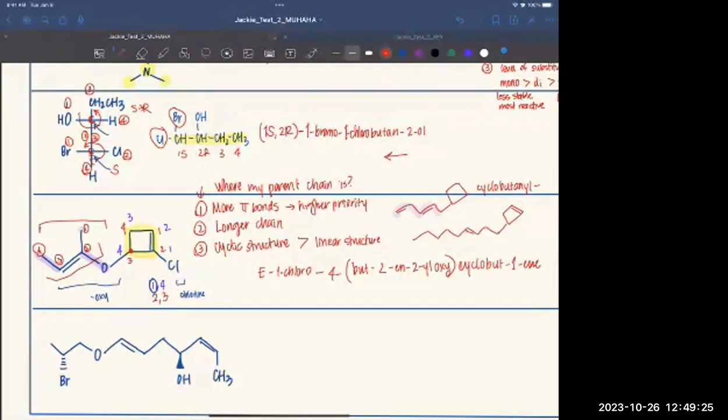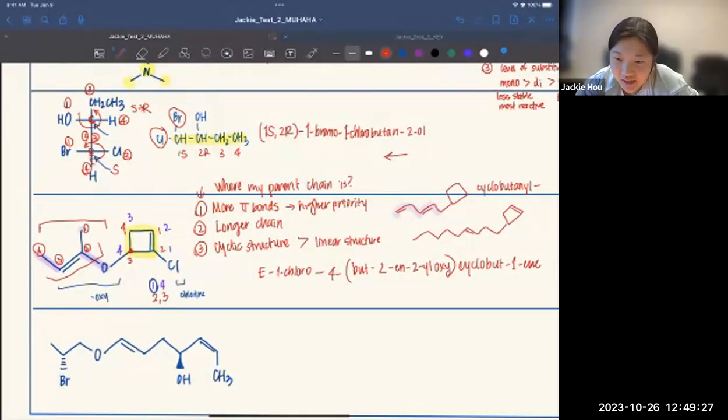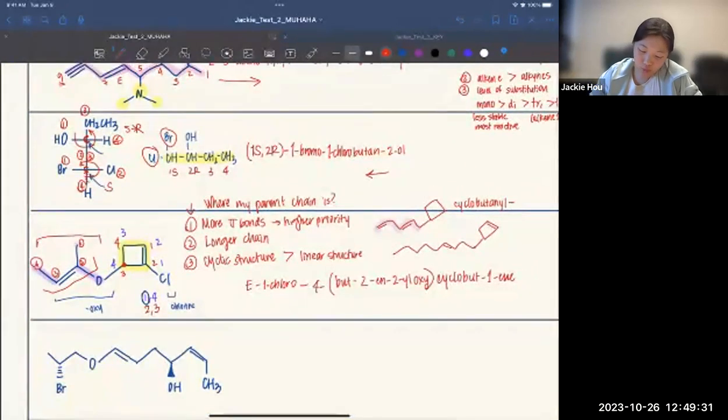Okay, cool. So Jessica, the alkyloxy, yeah. It's kind of like when we have something, let's pretend we have some parent over here and then we have an OCH3. Remember how we named this as a methoxy, right?